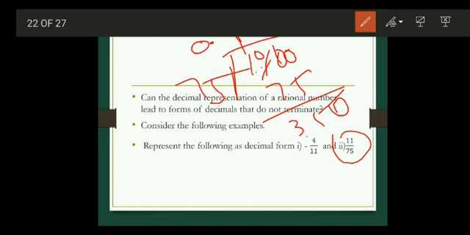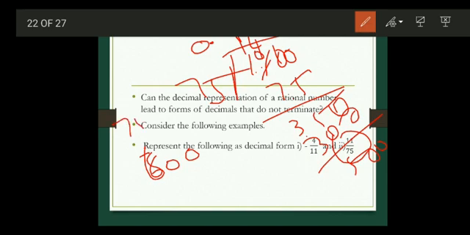2 times 75 is 150, 4 times 75 is 300, 5 times 75 is 375. So 4 times 75 is 300, and the remainder we'll get is 50. Add 0. 75 times 8 is 600. 75 times 7 is 525.